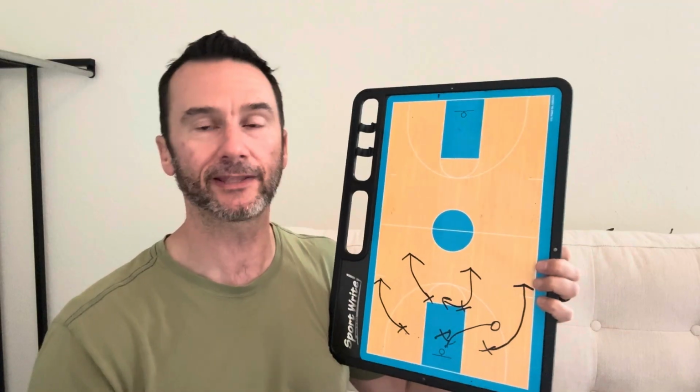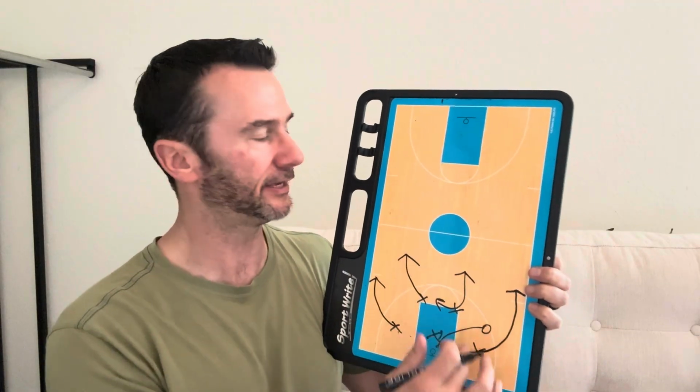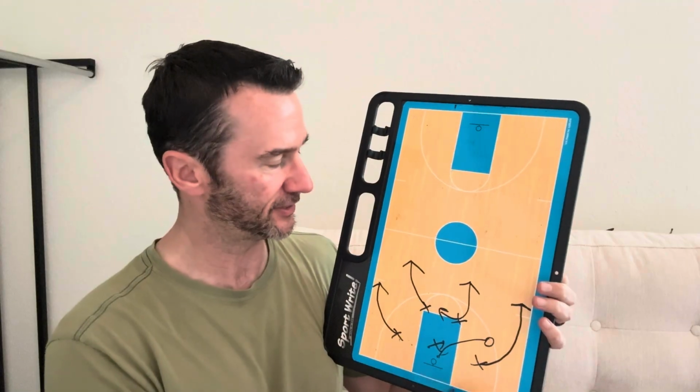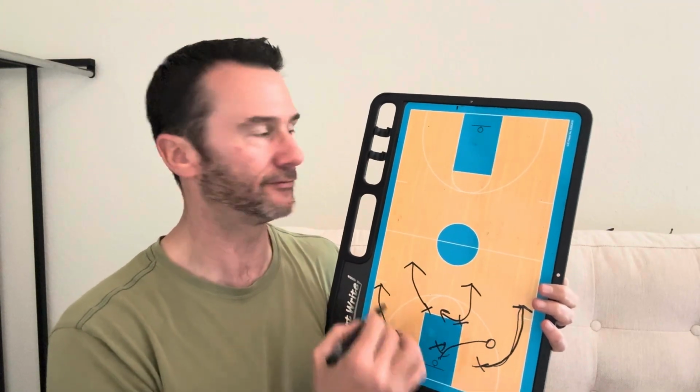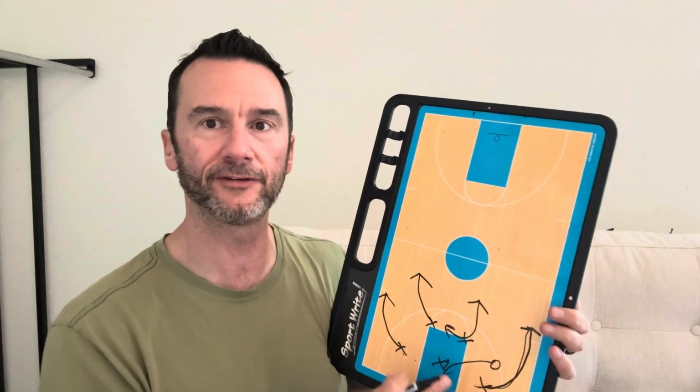Now, they might be quick, and that might be one of the problems, but more than likely, they just know how to run a transition offense. Everybody knows where to go, and their objective is to get to the other side of the court before your defense gets set up.